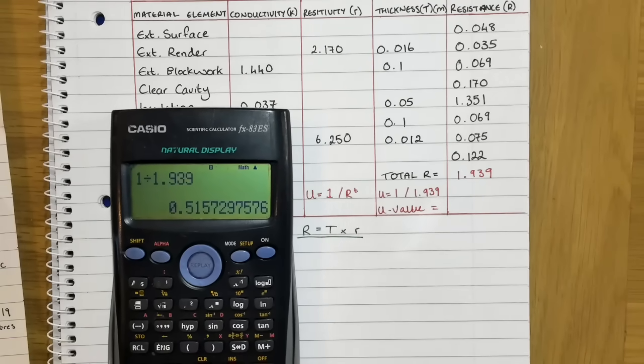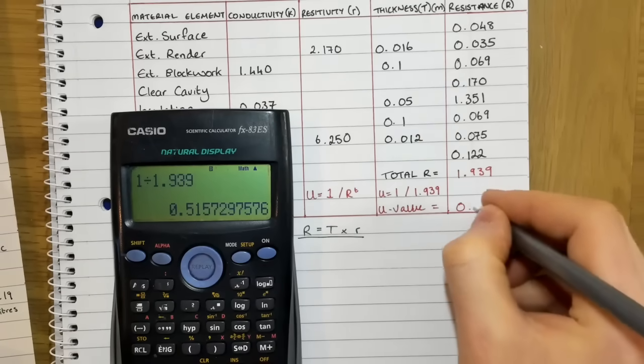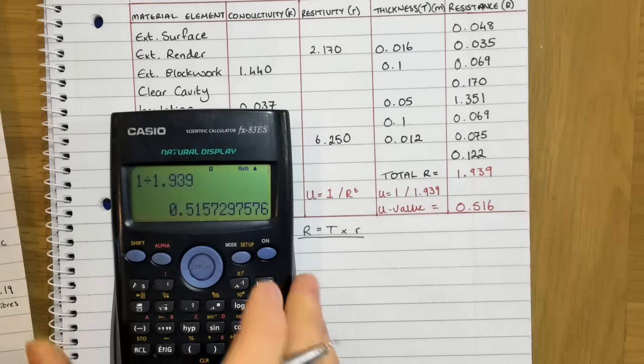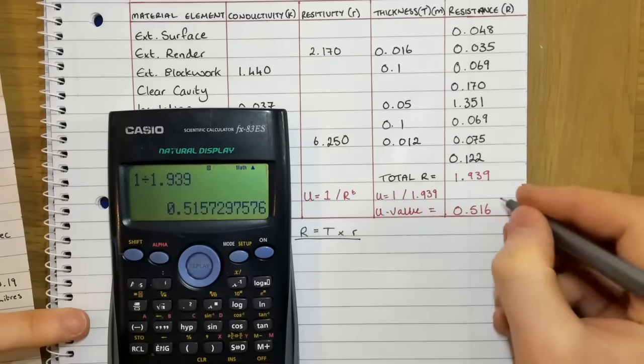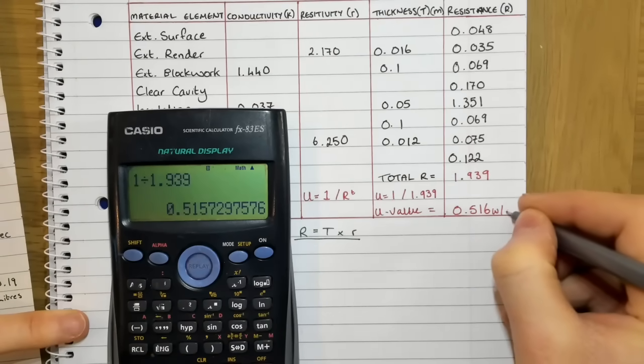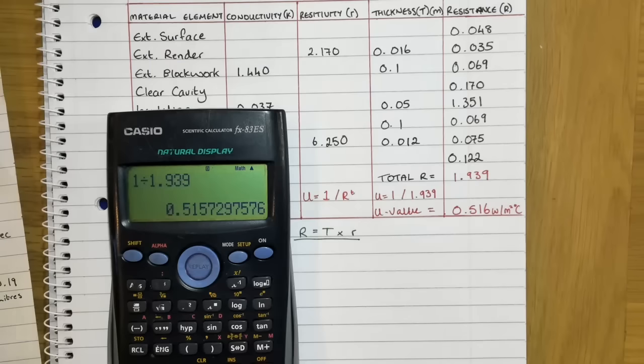So the U value we've got is 0.515729 and so on. We want to round at 3 decimal places, so 0.516 is now our U value, and the unit for that is watts per meter squared Celsius.